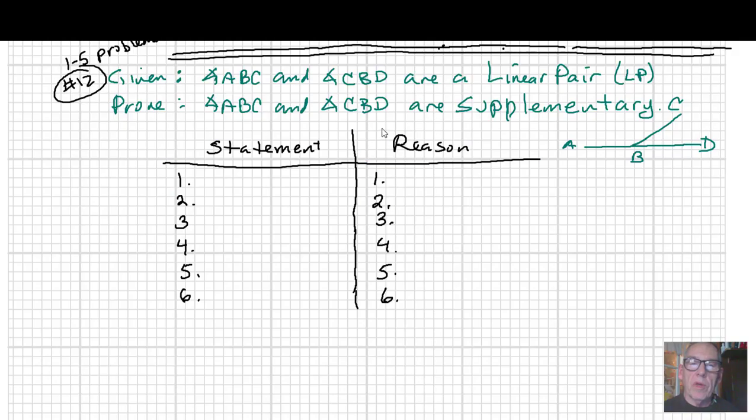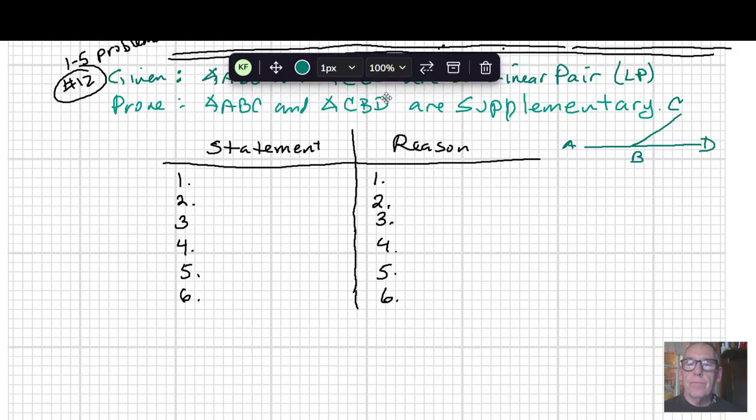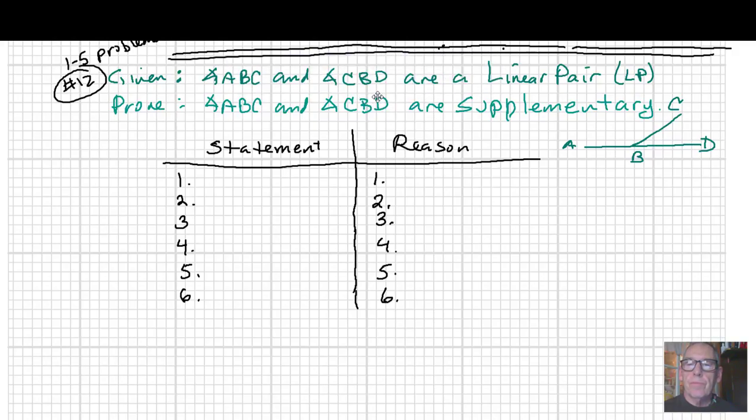So I'm thinking the way this proof should probably go is ABC and CBD make ABD, which is a straight angle. A straight angle has a measure of 180 degrees.